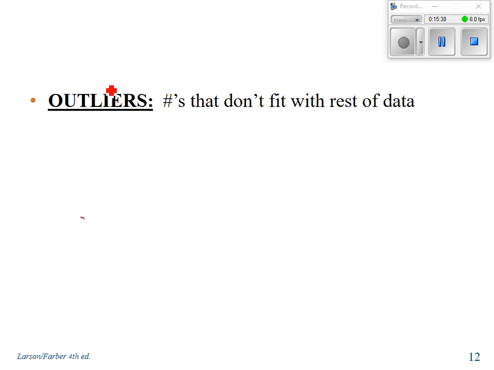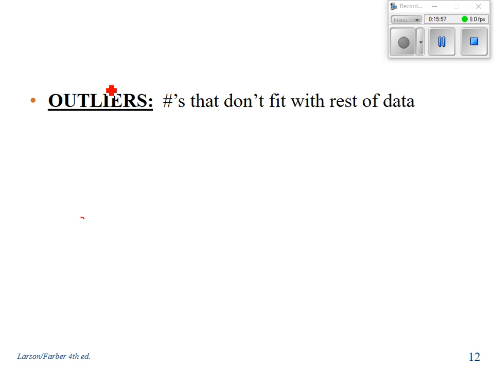Outliers, you might want to write this down, an outlier. What's an outlier? It's not a person that lies on the outside either. Numbers that don't fit with the rest of the data. Like on that one that we looked at, you had that 120, that would probably be an outlier.